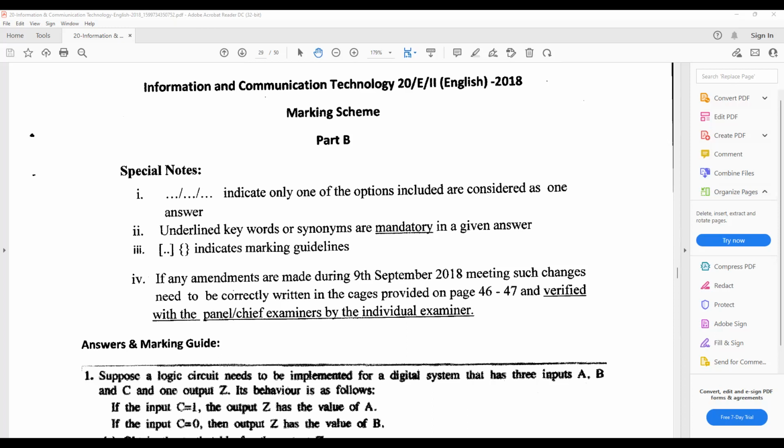So this is 2020, right? You can see this is the first paper, and then we have 50 questions. And then we have essay type. Let me go to essay type, right?